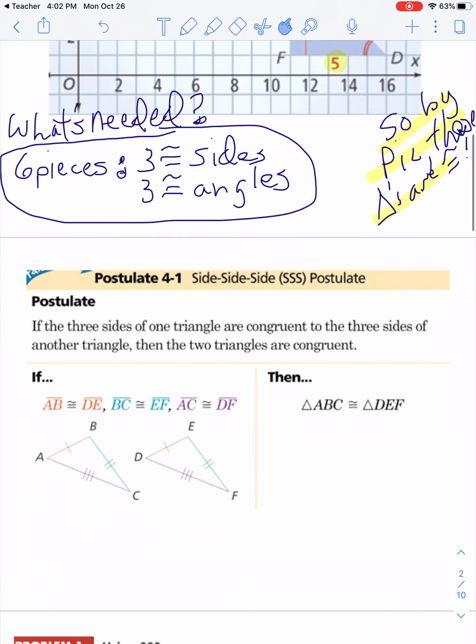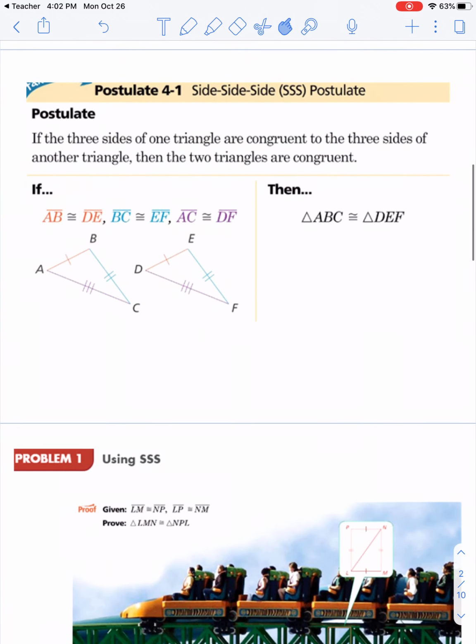Postulates, I guess. Postulate 4.1 says the side, side, side, or SSS postulate: if 3 sides of one triangle are congruent to the 3 sides of another triangle, then that's enough information to tell you that the 2 triangles are congruent.